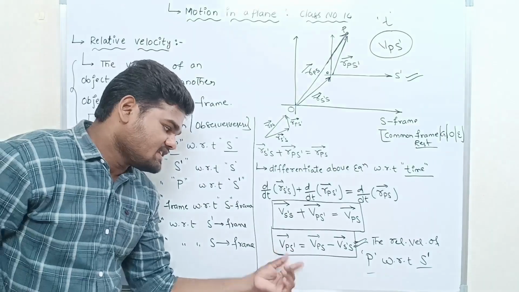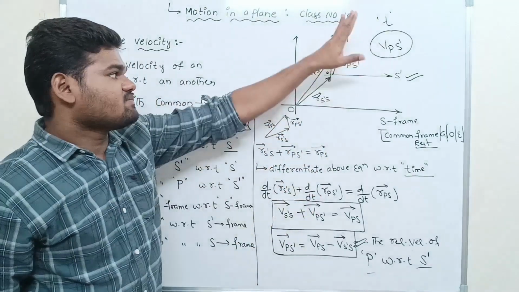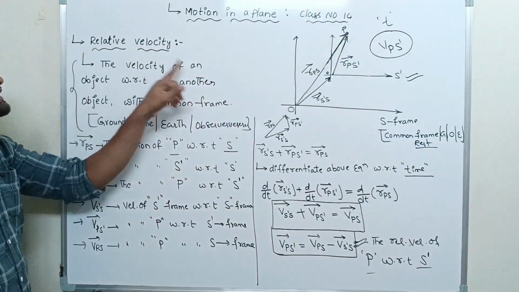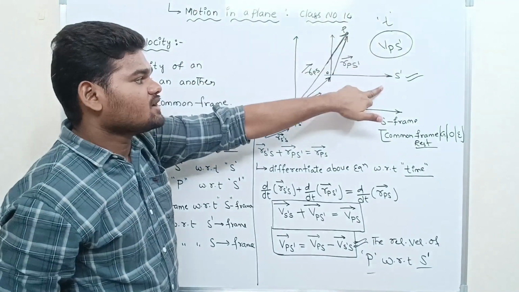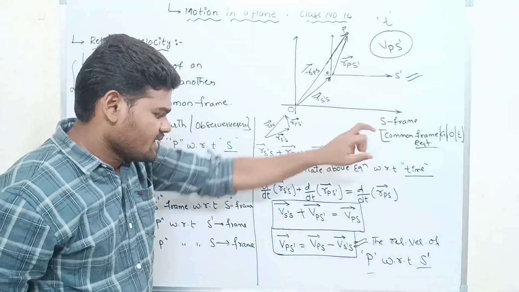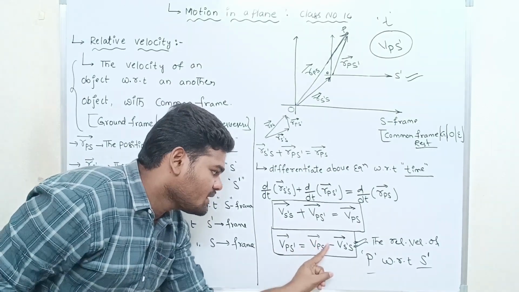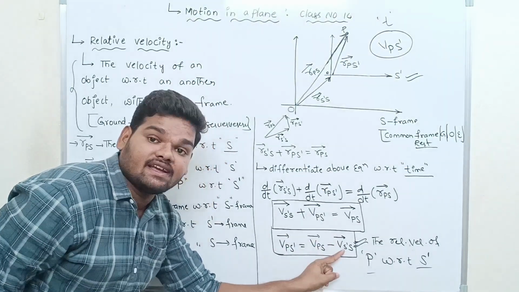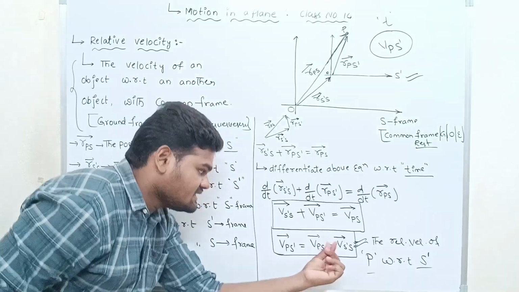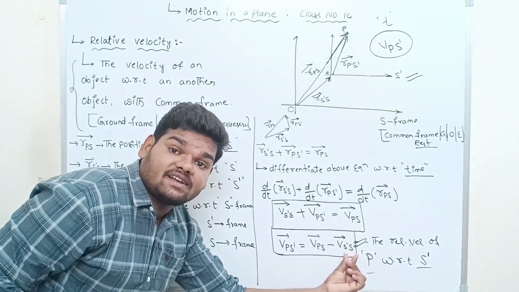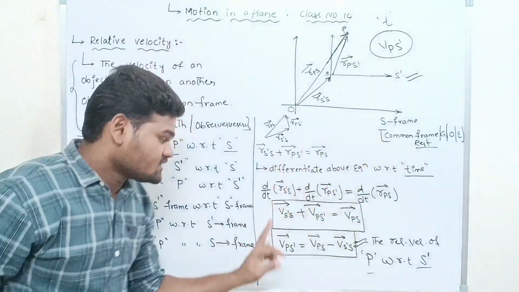So now what is this? Velocity of particle P with respect to S dash frame. The velocity of an object with respect to another object with a common frame. Have a look. V P S dash is equal to, we got, V P minus V S dash. Have a look. Here S is there. Here S is there. S represents what? Common frame.